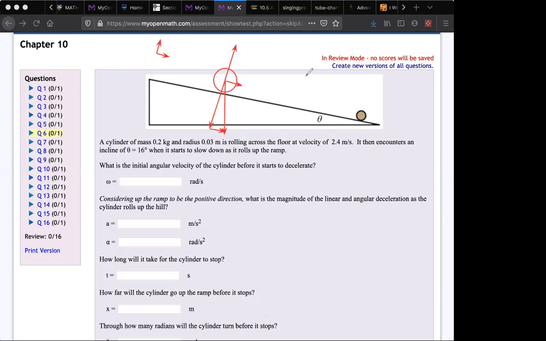We want to have force equals mass times acceleration, and torque, which is R times that same force, equals I times alpha. That's not going to help us. Hold on a second.